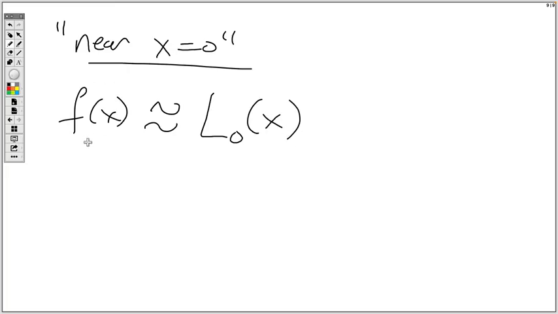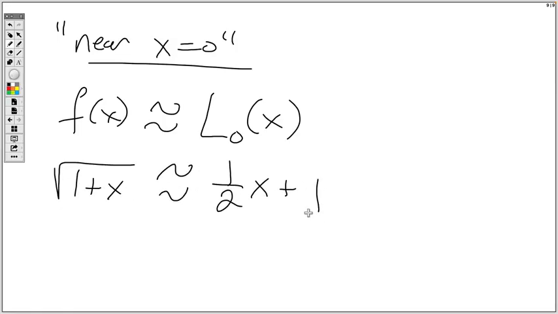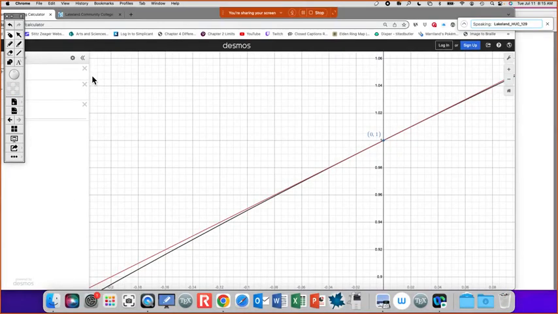So f of x, the square root of 1 plus x, is approximately 1/2 x plus 1. All right. So once again, is there anything new? This is just a nice kind of callback to section 3.1 and section 3.2. Just calling it linearization.